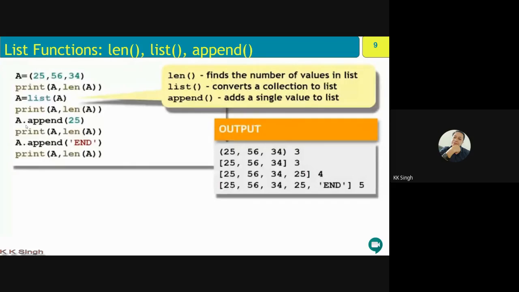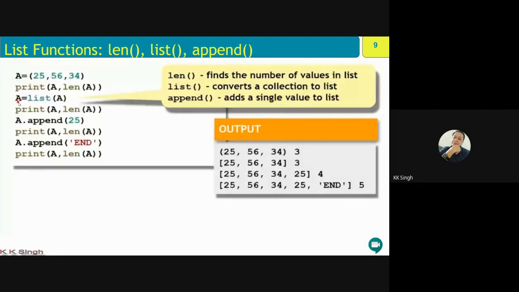While writing this method, a dot append, we were adding 25 to the existing list. From this point, A has become a list, but before this statement, A was a tuple.